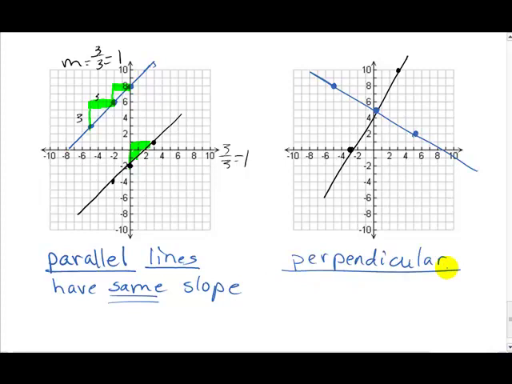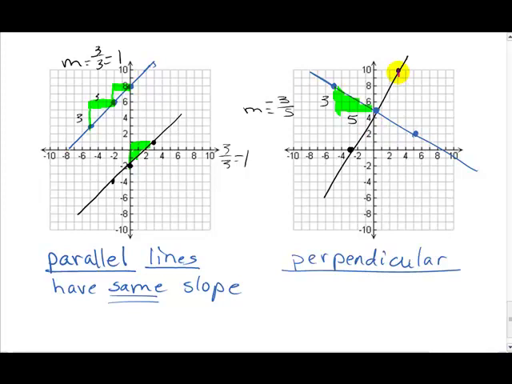Now these are a little bit harder. Let me do the blue one. So from here to there's my triangle. I've got 1, 2, 3, and 1, 2, 3, 4, 5, and it's going down. So I have a minus 3/5 here as my slope. Then let's look at this one.